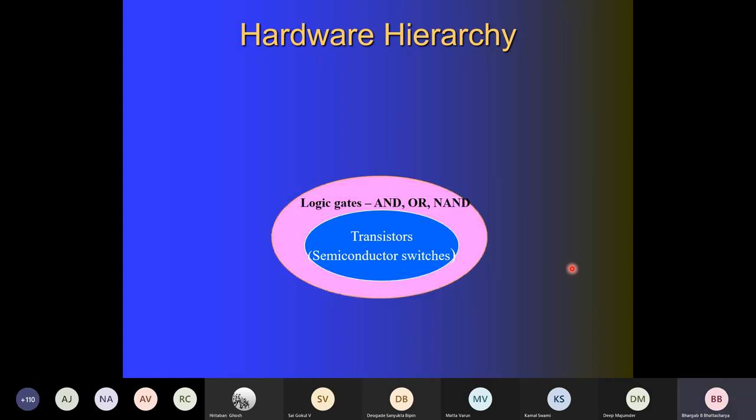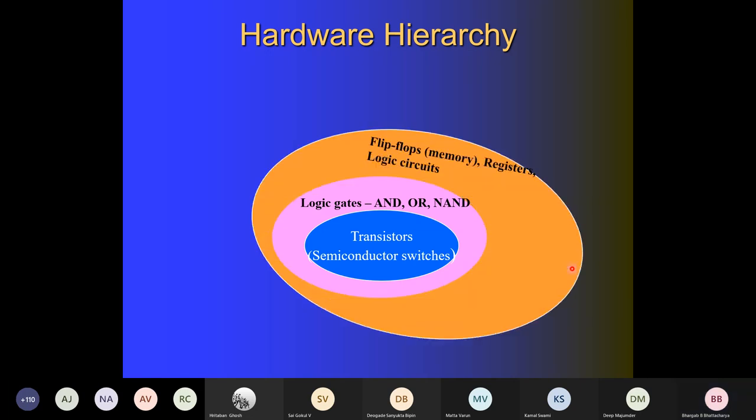Using interconnection of these transistors, you create logic gates, which you are familiar with, like AND, OR, NAND, and so on. Then you design flip-flops, and by interconnecting flip-flops, you design your shift registers and other complex sequential logic circuits, finite state machines, and so on.